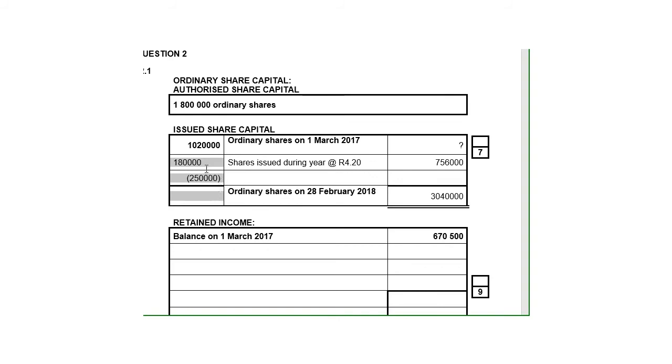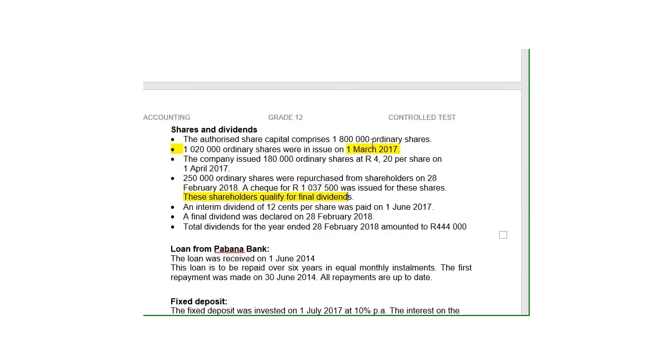Just line these up a bit. And that was shares bought back at, and now we've got to put in what the amount per share was. And if I go back, nothing is mentioned. They tell me in total I paid 1,037,500, but I must split that.